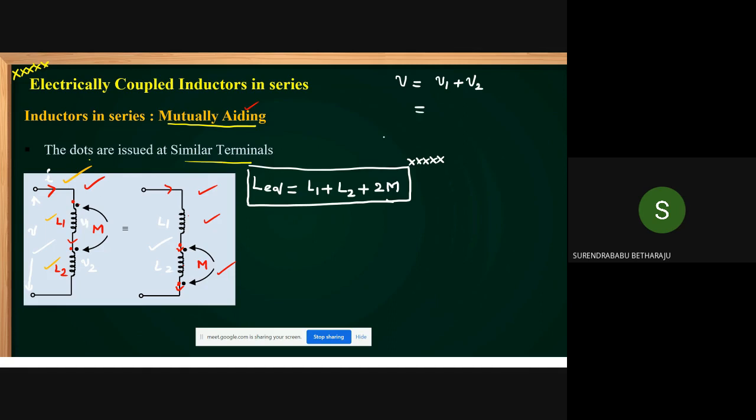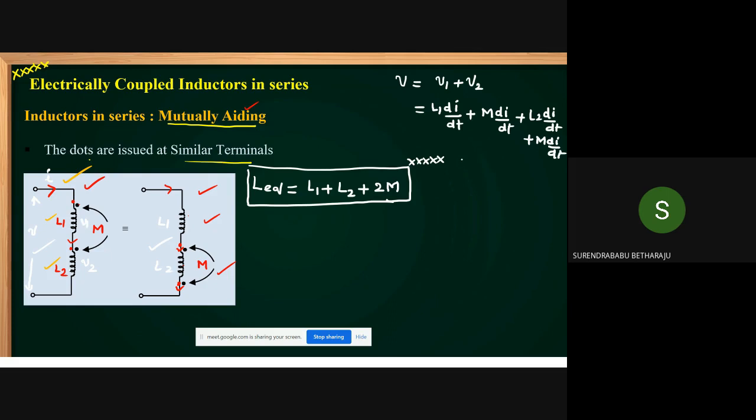This is L1 into di by dt, but these are aiding connections, which means plus M into di by dt. Same current only. Then V2, how can we write? L2 into di by dt plus M into di by dt, because between this coil and this coil also there is M.